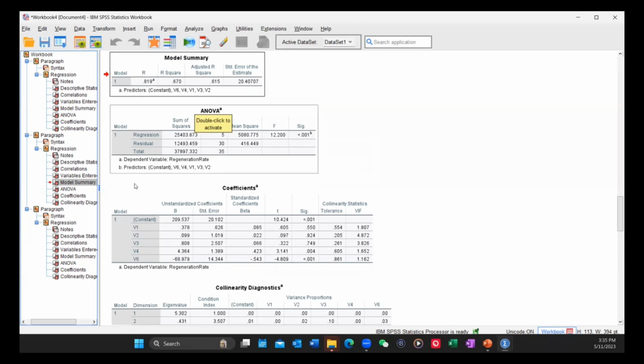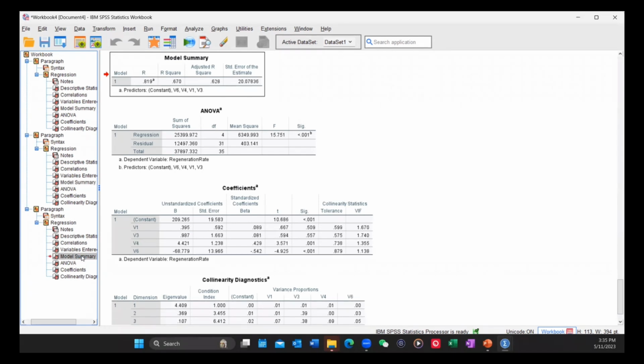Now let's compare it to the second model. After we remove V2, the model gives us an adjusted R-square value of 0.628. So this value is higher than the previous value. It means after we remove V2, the entire model quality improves. So this is a good sign, right?